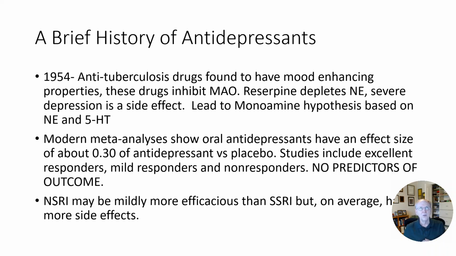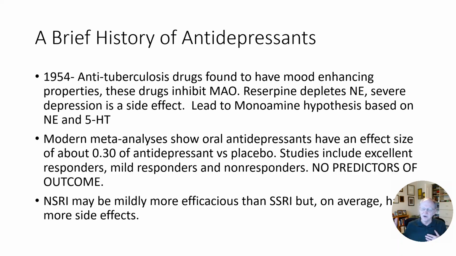Now, when early studies of SSRIs were done in the 70s and 80s, culminating in their approval in the early 90s, we used to get big effects: 66% of people in the active drug group and only 30 to 40% on placebo.